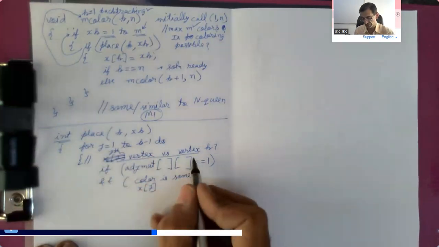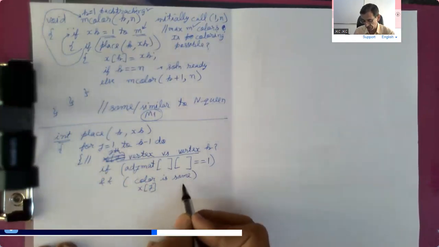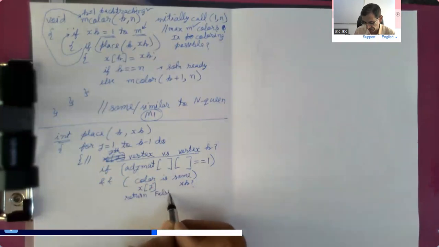The jth vertex versus vertex k, I have to see. The color of the jth vertex I have given as xj, and the color of the kth vertex is xk. So if this color is the same, what does that mean? Effectively, it means return 0, return false, because the color is not acceptable. So I will be returning 0.